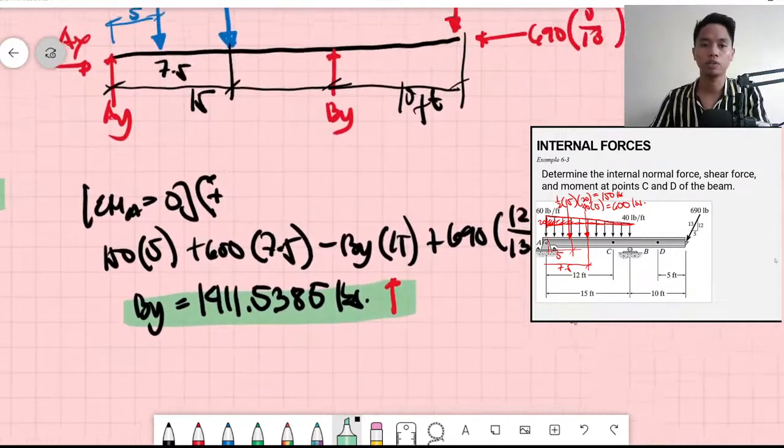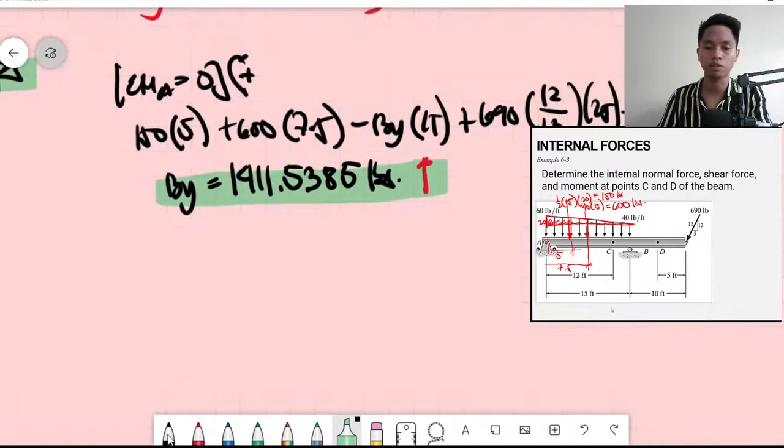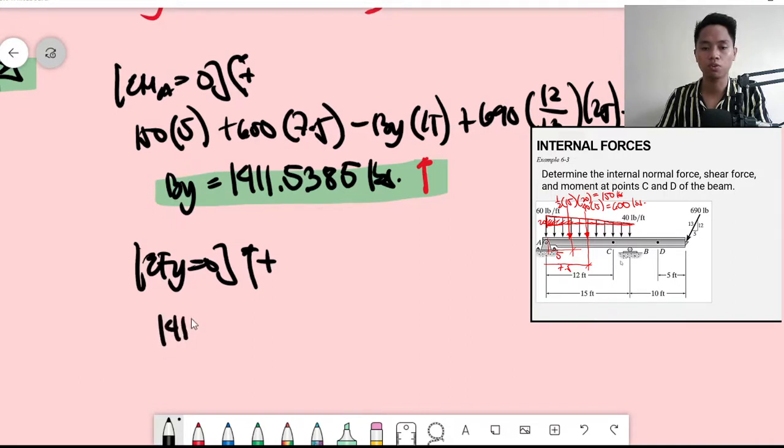Then, we can just use summation of forces Y to solve for A. Summation of forces Y is equal to 0. Your BY is positive. That should be 1411.5385. What are the other downward forces?